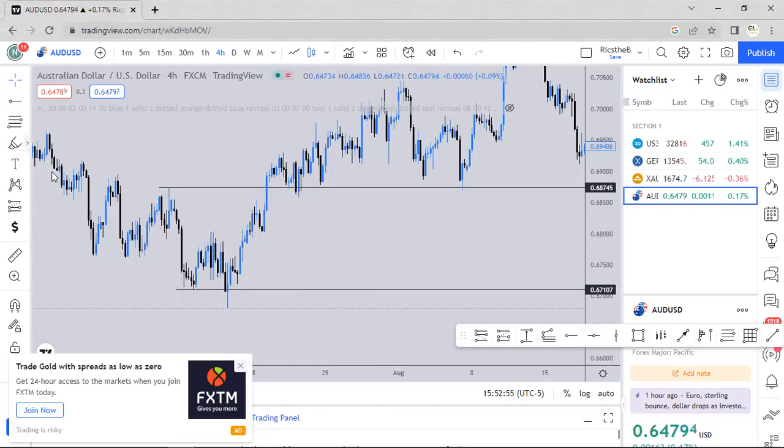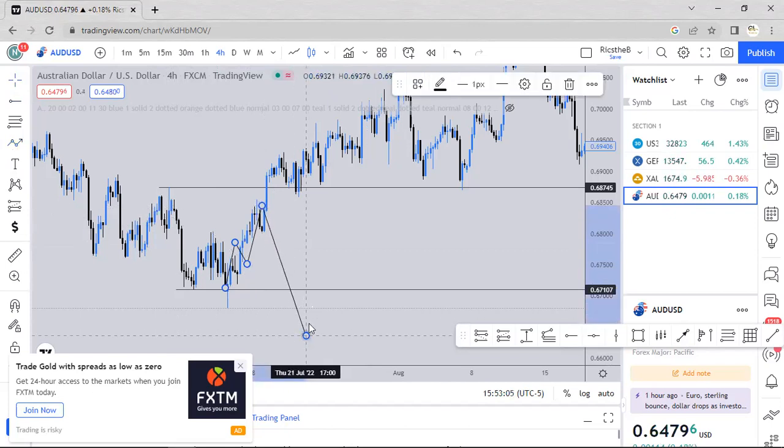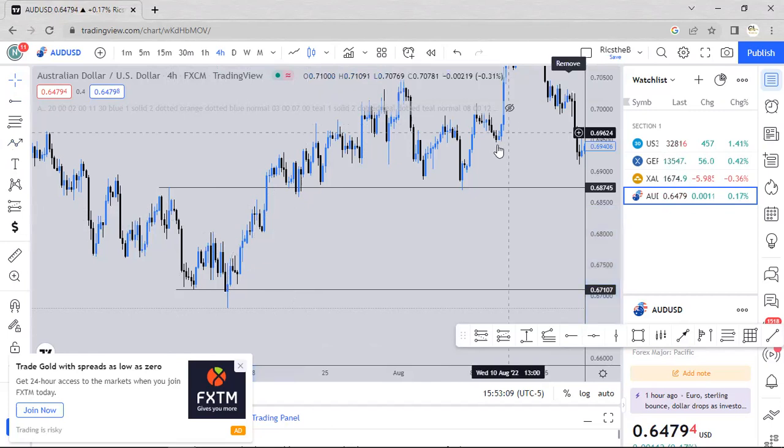Because potentially the price could do this, have these equal lows, then push to this area here, then continue with the move again.